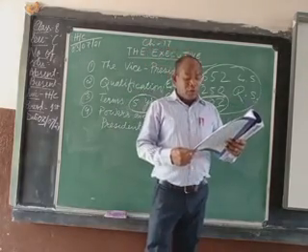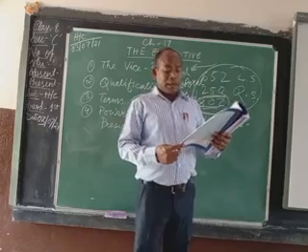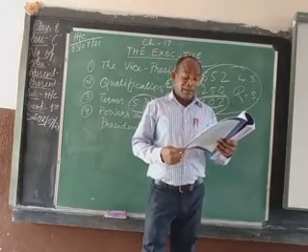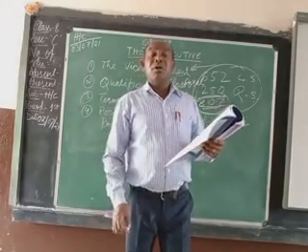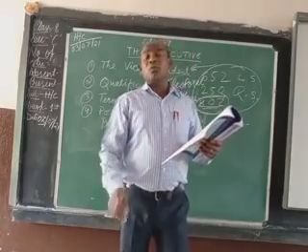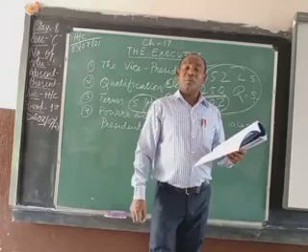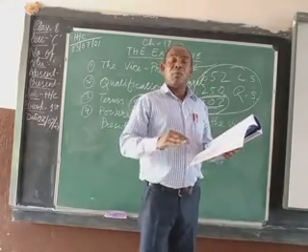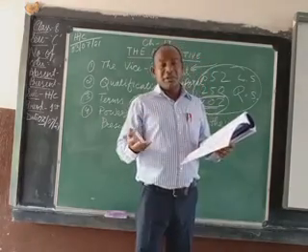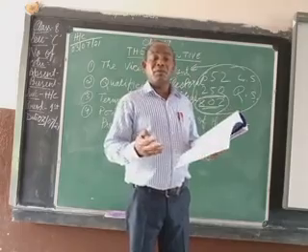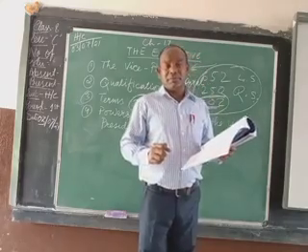The Vice President of India acts as the ex officio chairman of the Rajya Sabha. Means the Vice President is the ex officio chairman of Rajya Sabha, and he presides over the meetings and the proceedings, and he is the disciplinary authority in the Rajya Sabha.